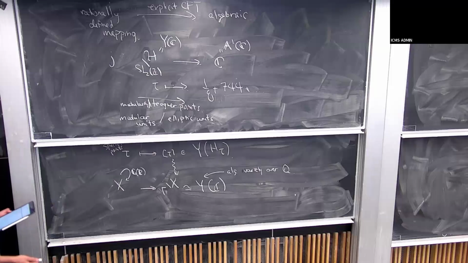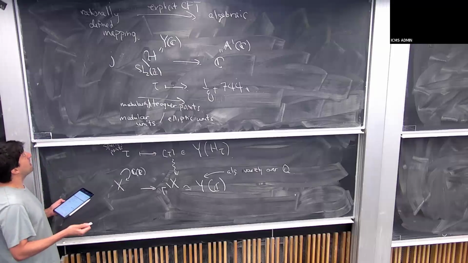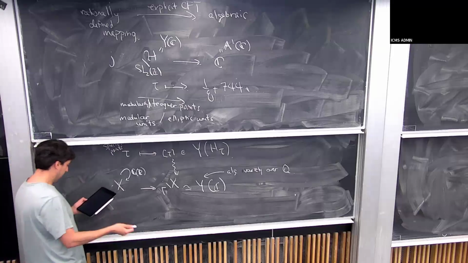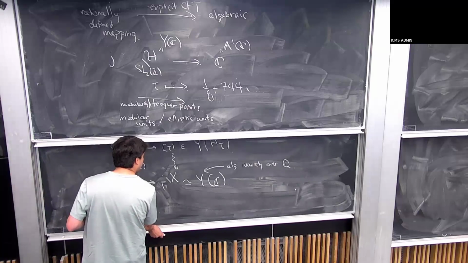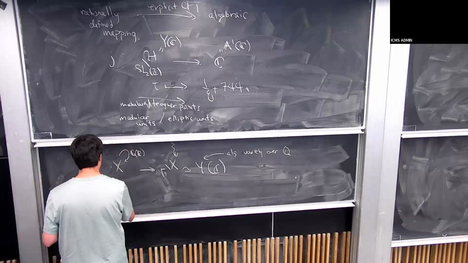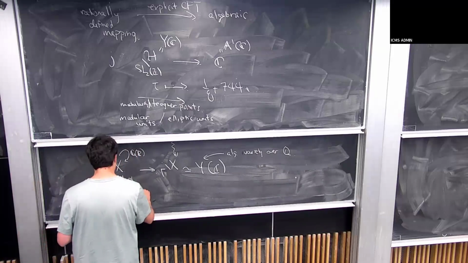And the same importance enjoyed by the special points, by the CM points in the case of modular curves, is enjoyed by so-called special points or CM points in the case of Shimura varieties. So this is a special point, tau.